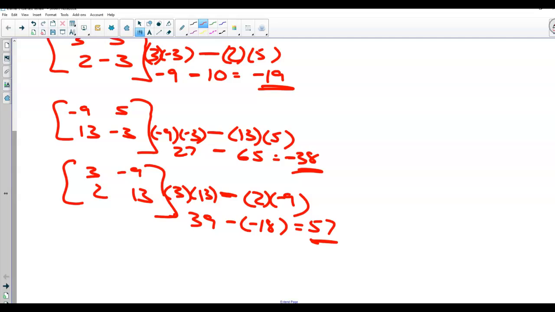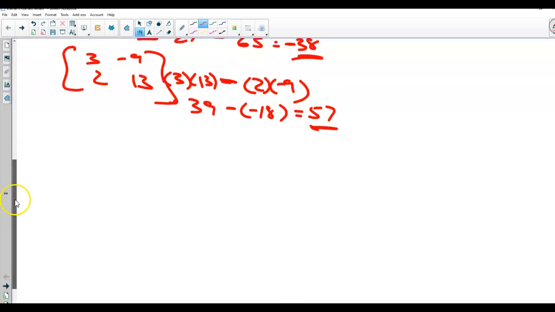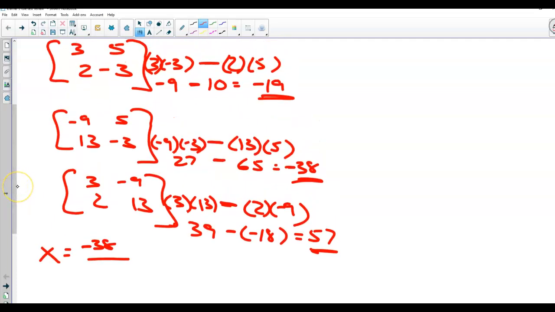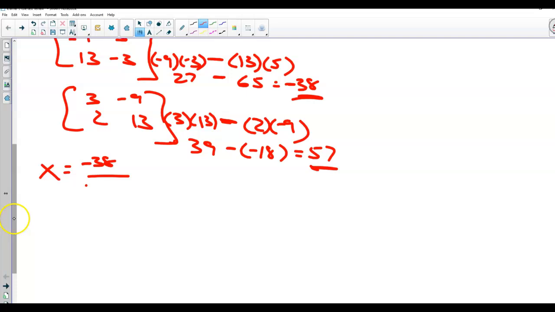Okay? Now, those are not the answers. You have to finish the problem. Where I replace the x coefficients, that's the numerator. The matrix determinant is the denominator throughout. 57 over a negative 19 for the y.